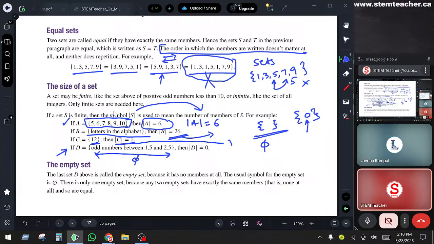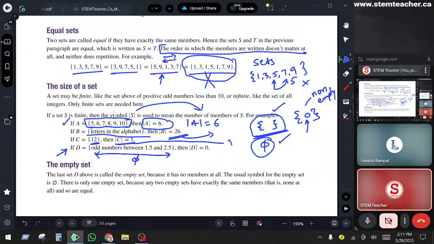Oh, this is a set, it is non-empty. But this is empty. This is an empty set. And we can also use this as empty set notation.